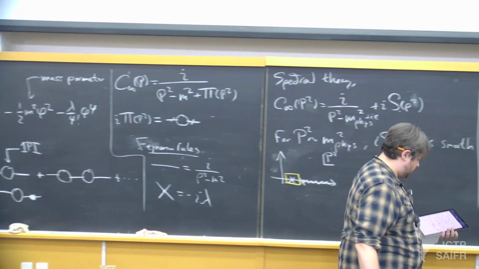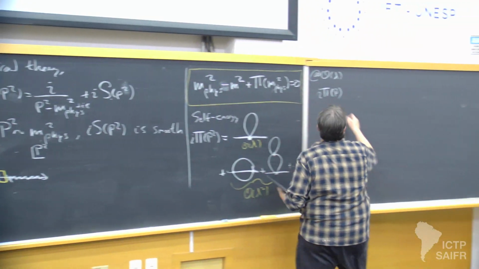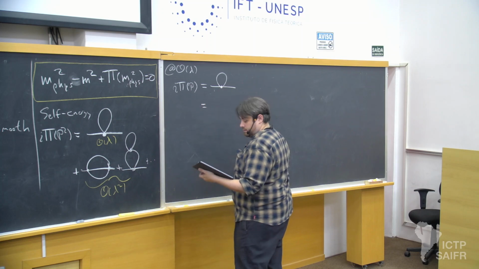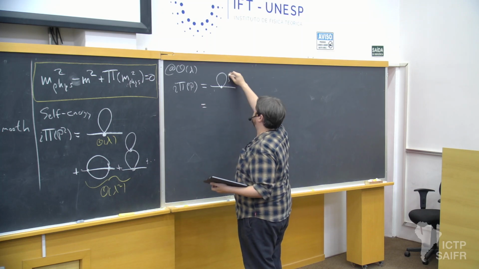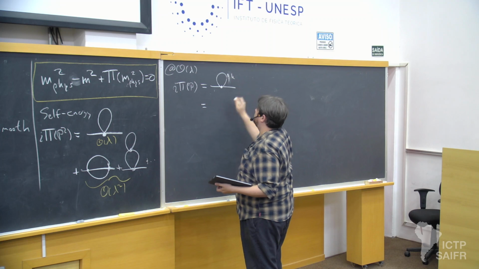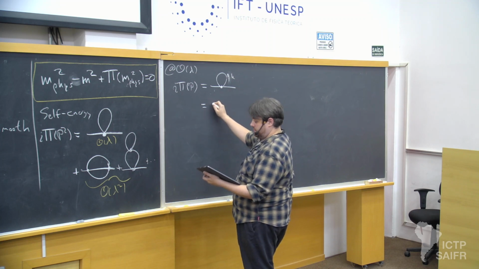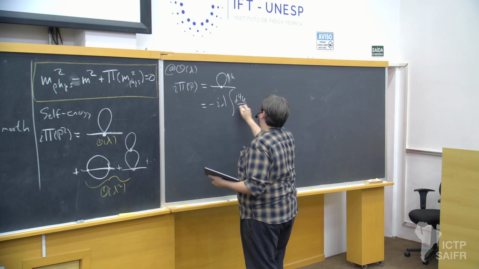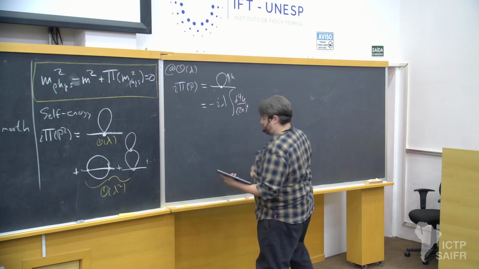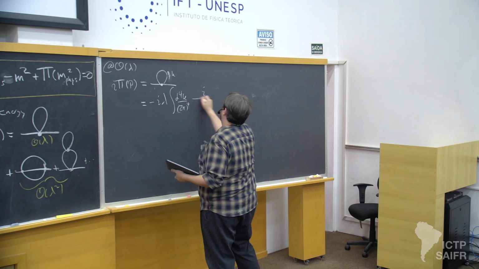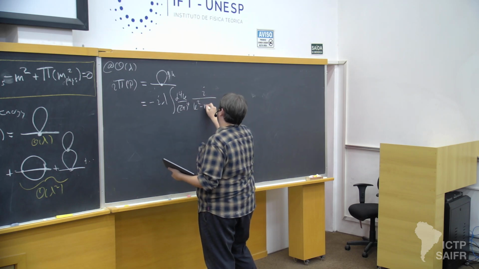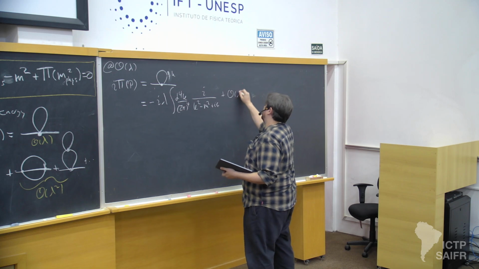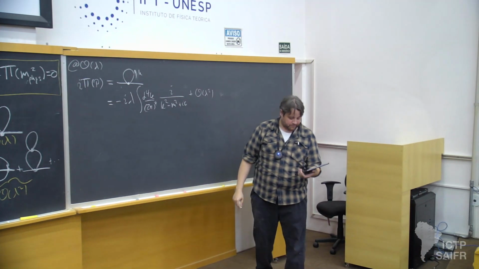In momentum space, those are the two Feynman rules. So this, and I'll call this momentum K: minus I lambda integral d4k over 2 pi to the 4th, I over k squared minus m squared plus I epsilon, plus all the higher order stuff.